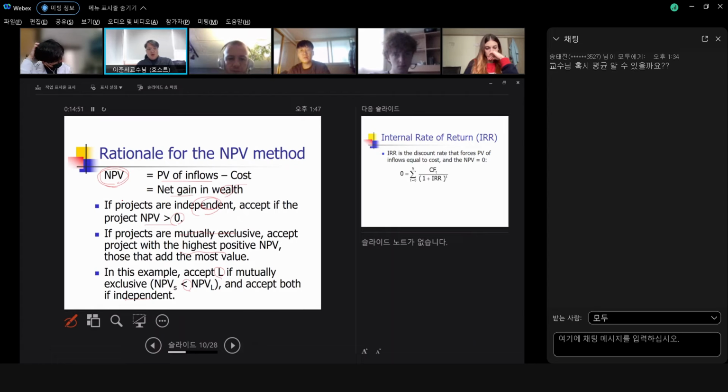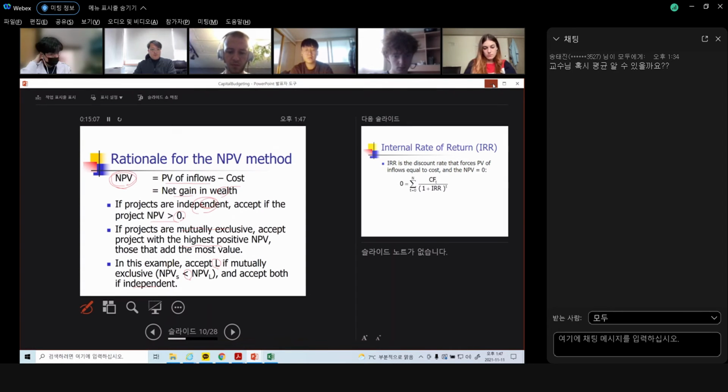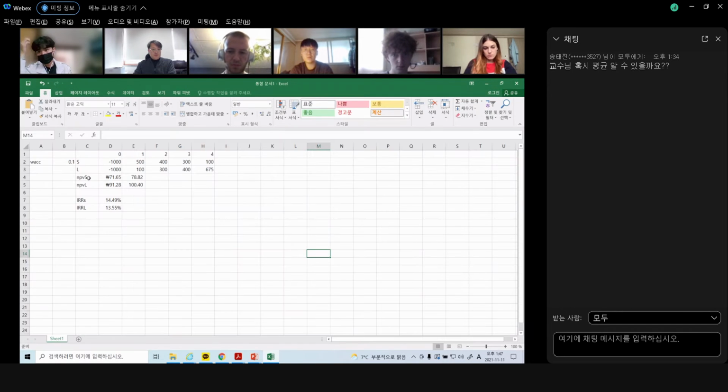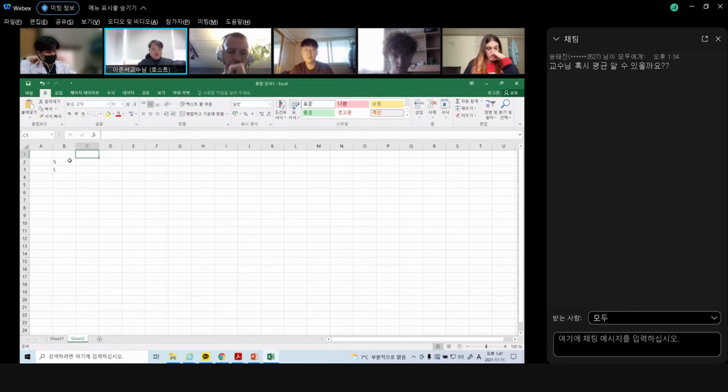That is very simple. Then let me show you an easier, simpler way to calculate the net present value by using an Excel spreadsheet. Here you go. Project S, project L, times 0, 1, 2, 3, 4.